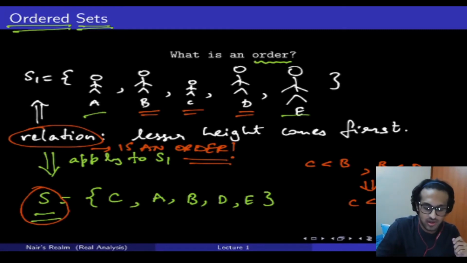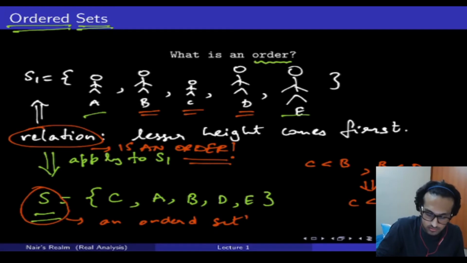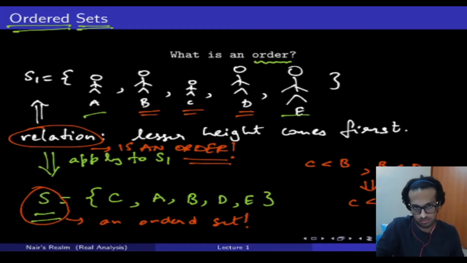So we can conclude that this S is an ordered set, because we know the relation is an order and the relation is defined on this set.